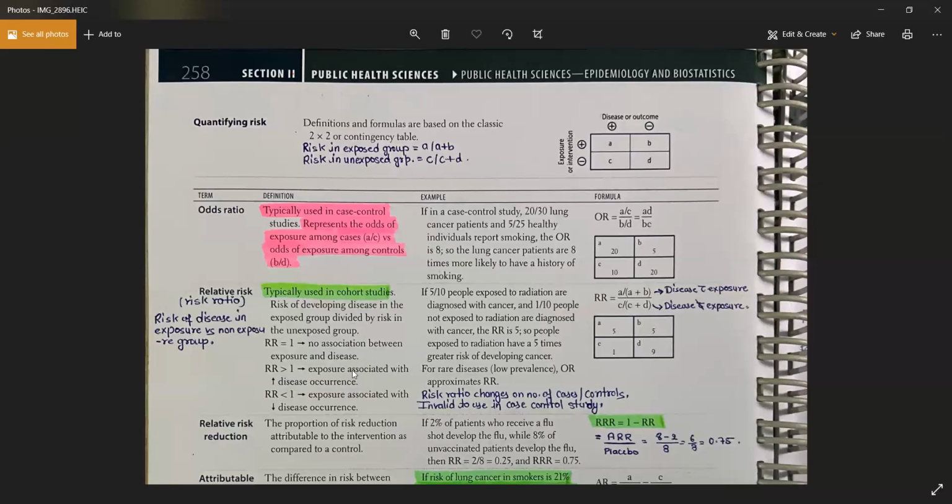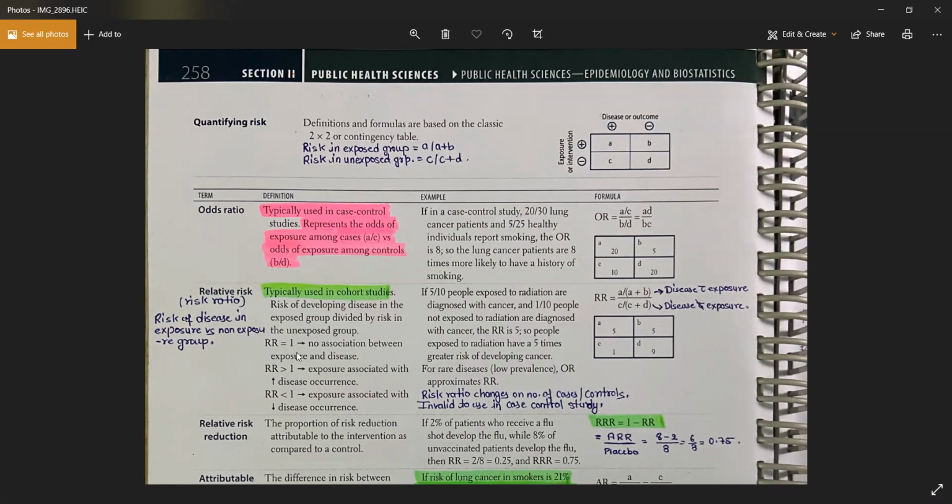If I got a relative risk of less than 1, that means a certain intervention, like a drug therapy, is actually decreasing the risk of having the disease. That means the risk of having the disease in the exposed group, like with a vaccine or a drug, is less than in the individuals without the intervention.